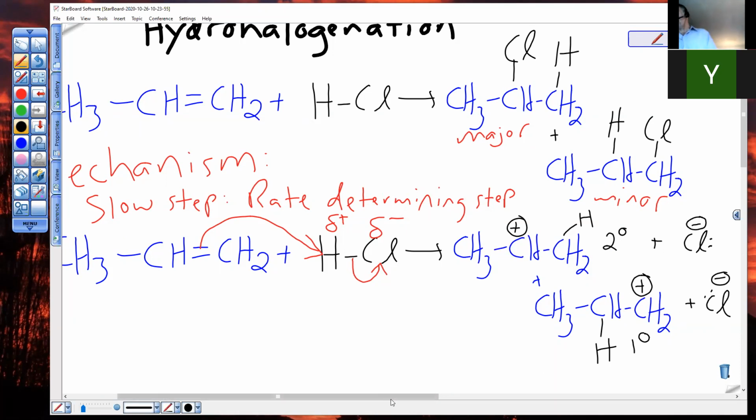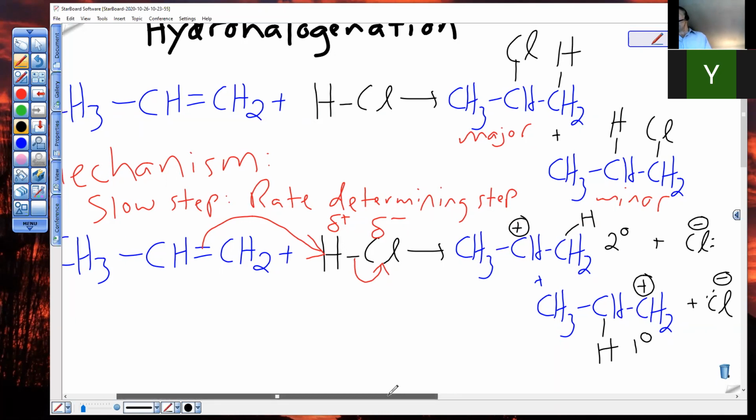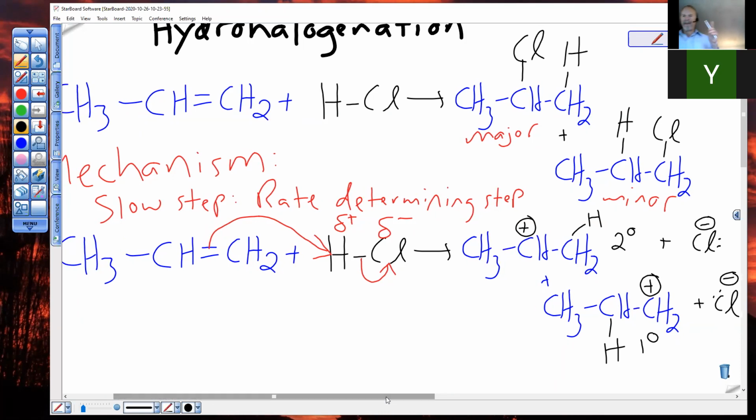And I have a lot of students out there who have a physical chemistry bent to them, and they're saying, that equation's not balanced. You can't do that. To you, I have this discussion right now. Hypothetically, let's just say we started with 100 molecules. Approximately 75 of them became this, and the other 25 became this.